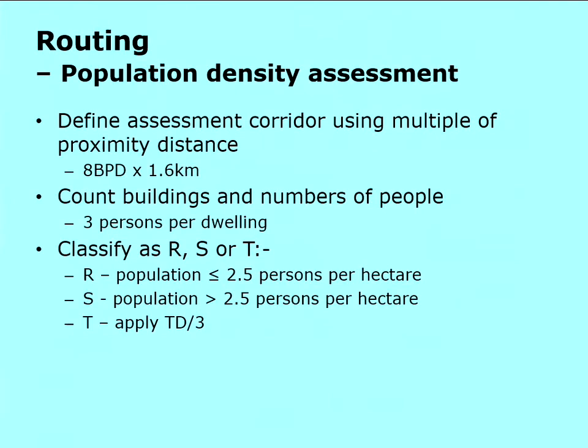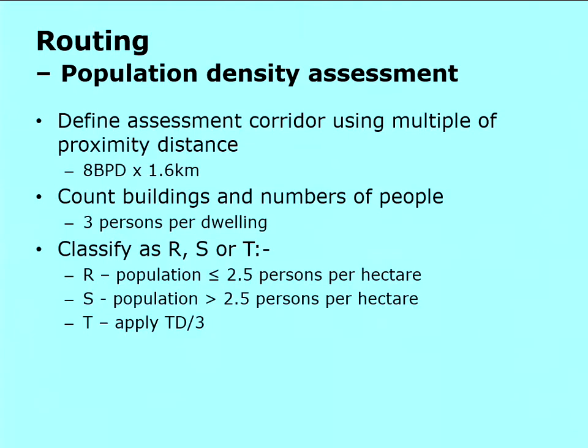You classify the area basically depending on whether you've got a low number of people or a higher number of people. And if you're in a town or a T area, you can't build a high pressure hazardous pipeline in the UK. You can't route it through a town area.